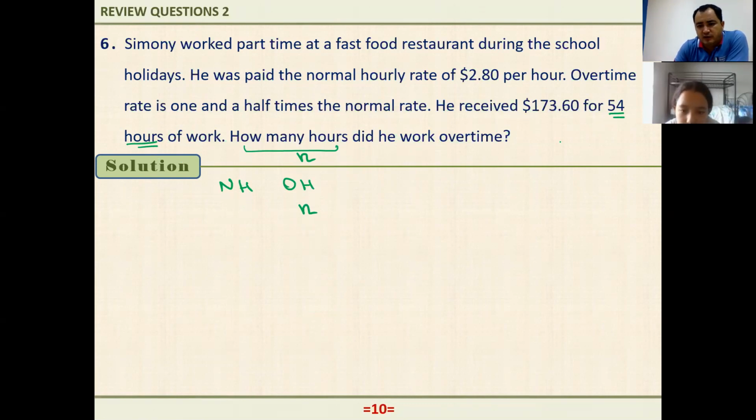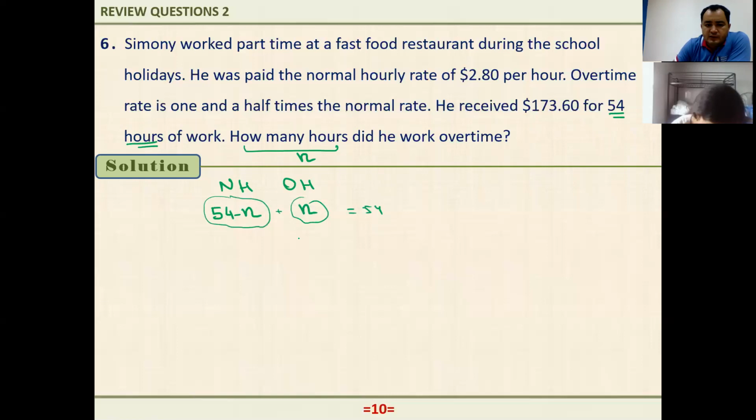Shahina, if altogether he worked 54 hours, and n hours is overtime, how many hours here are normal hours? No. 54 minus n. We are talking about the number of hours. Okay. Because here normal hours and overtime hours together, right? Together it is 54.